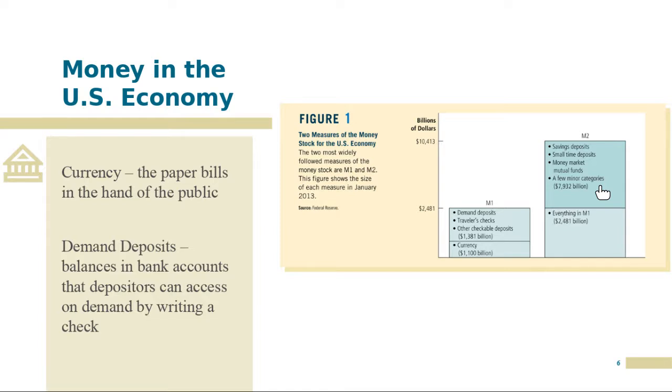So it's basically a checking account, right? It's almost instantly convertible. Similarly, money market mutual funds, you can almost instantly sell that and convert it into cash. So M2 includes categories that are so highly liquid that they are almost immediately convertible to a demand deposit. So your savings deposit can very quickly be shifted into a demand deposit.